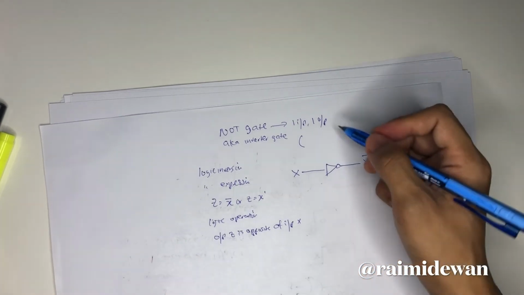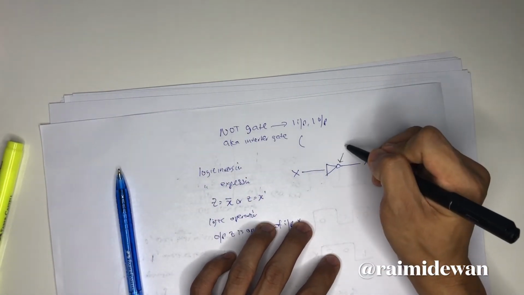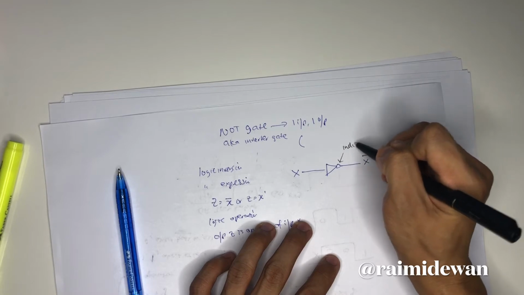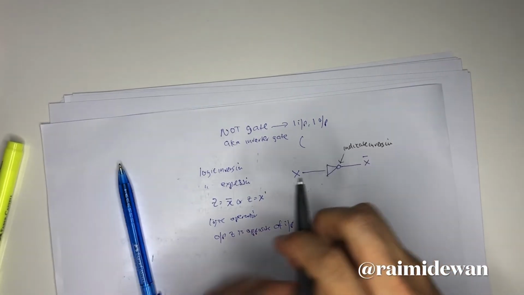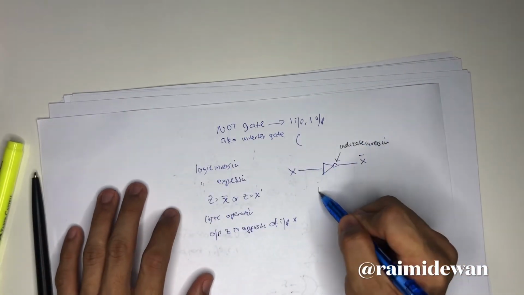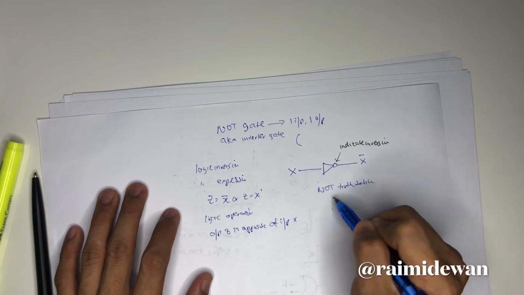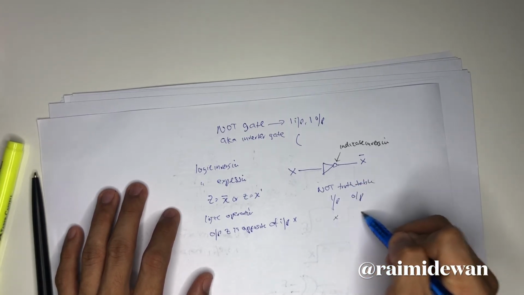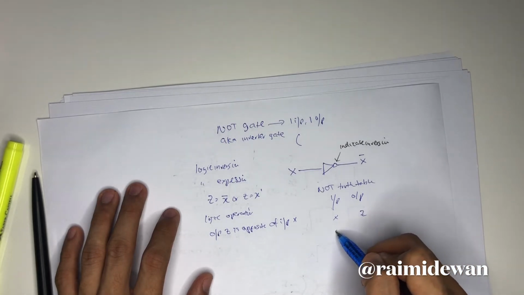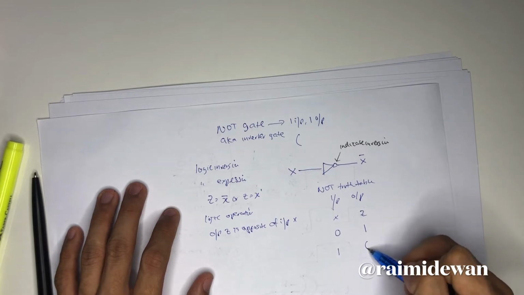This bubble indicates inversion. How about the truth table then? It's simple because it's just inversion. If input is 0, then output is 1. If input is 1, output is 0.